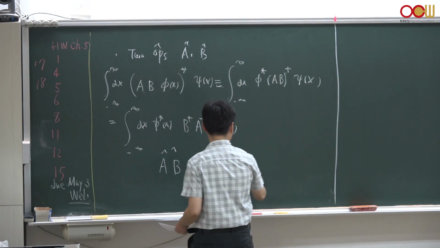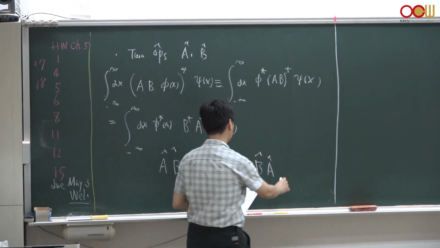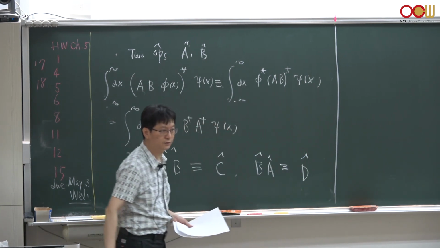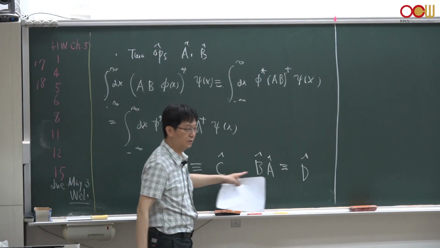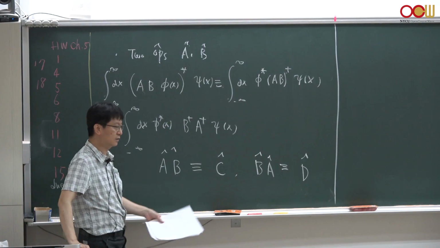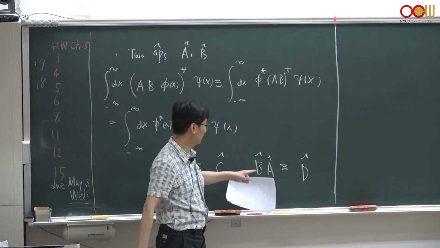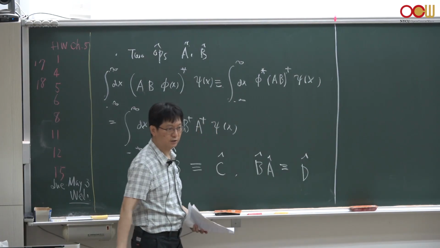Likewise, I can make a product between B and A, and I can define this as another operator D. C does not necessarily play the same role as D, because as I mentioned, AB acting on the same state is not necessarily the same as BA acting on the same state.